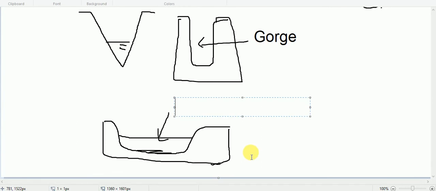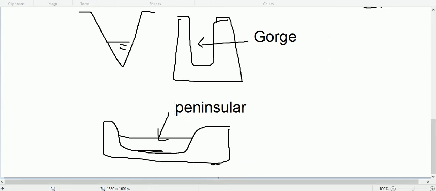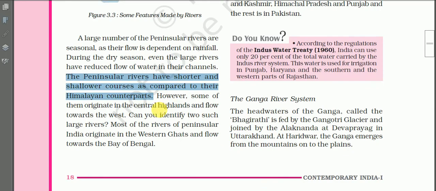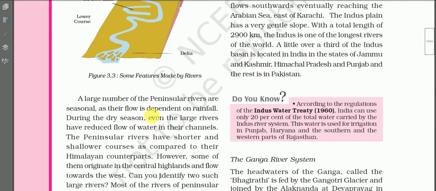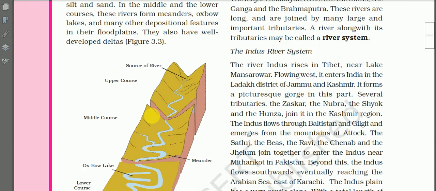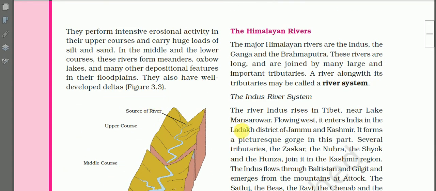Okay, so these are the valleys of the peninsular rivers. So these are the main differences between the Himalayan and the peninsular rivers.